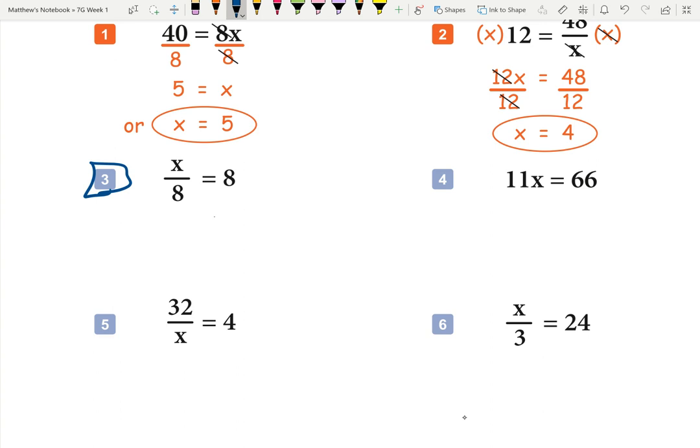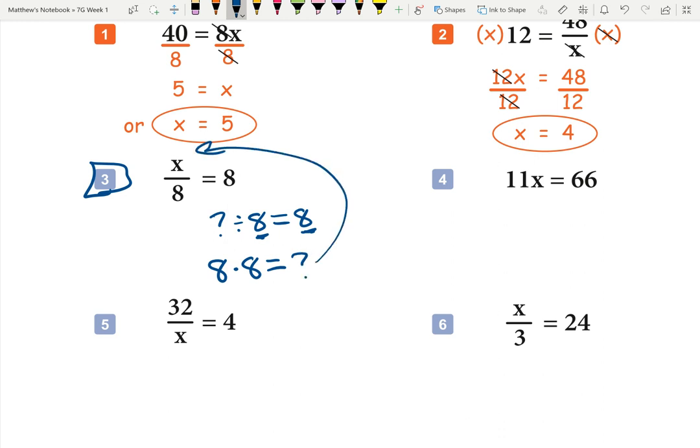We'll do problem 3. What number divided by 8 gives you 8? Well, we can just rewrite this as multiplication with our two numbers we have in the equation. 8 times 8 equals what number? That's going to give us our starting value.